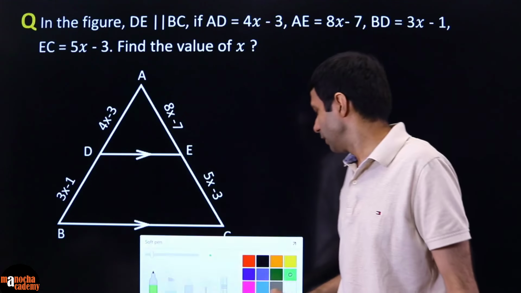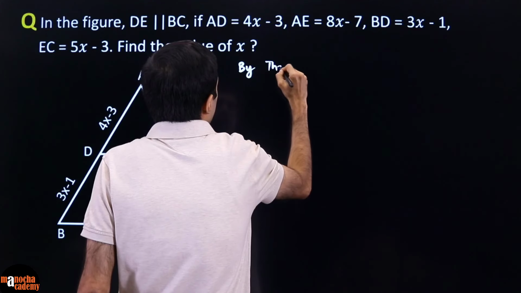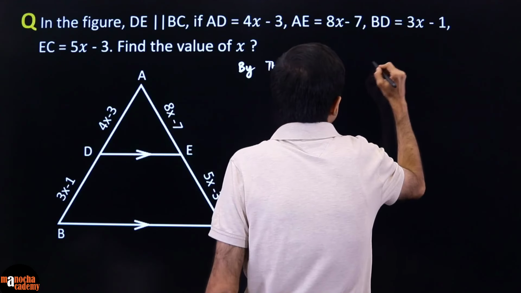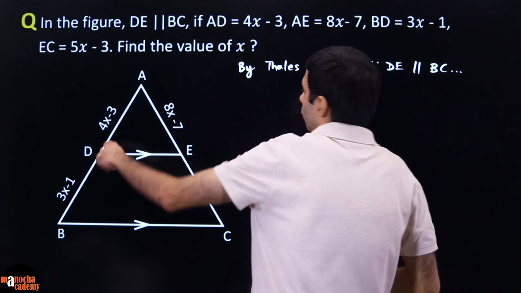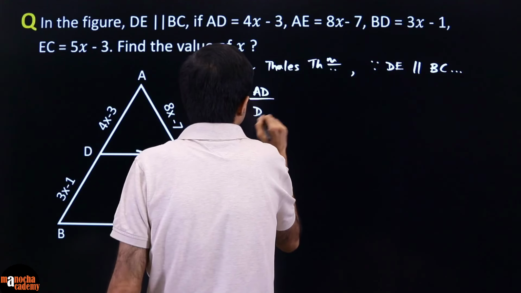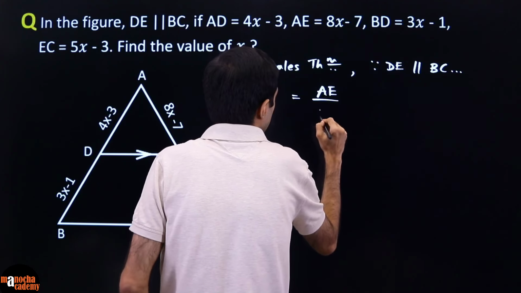So we are going to say by Thales Theorem, or by the basic proportionality theorem, since DE is parallel to BC, we know that AD divided by DB is equal to AE by EC.